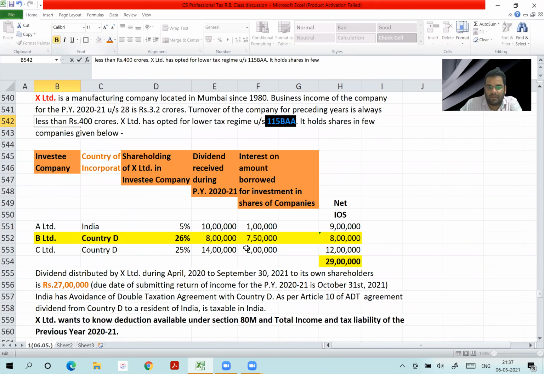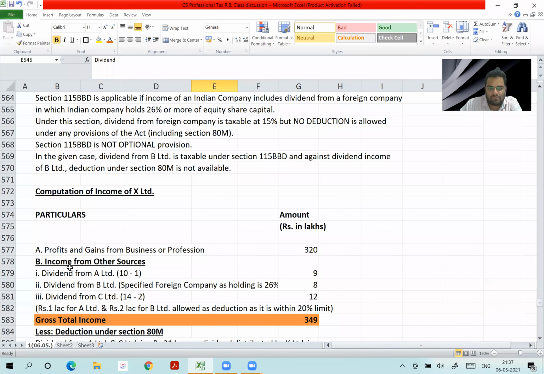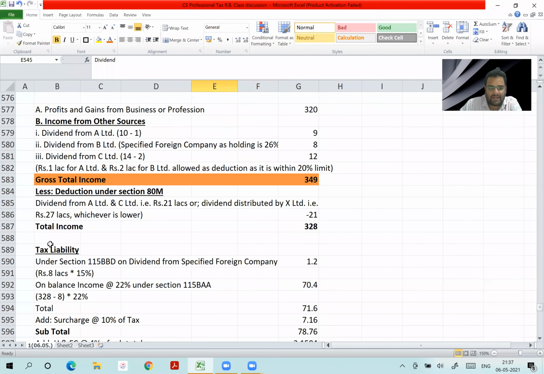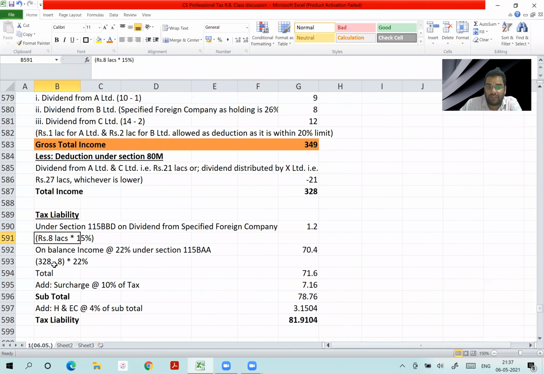So on 8 lakhs, it will be at 15%. 328 minus 8, that is 320 lakhs, at 22%. What is it? Is it 70 lakh 40,000 or 70.4 lakhs? We are doing figures in lakhs. So 70.4 plus 1.2 is your total, 71.6.